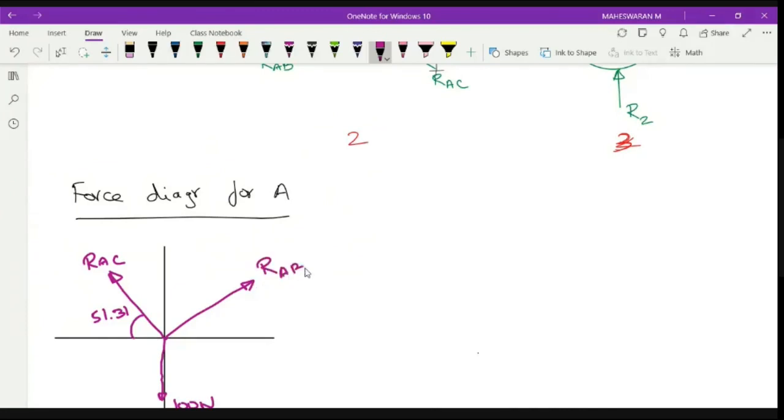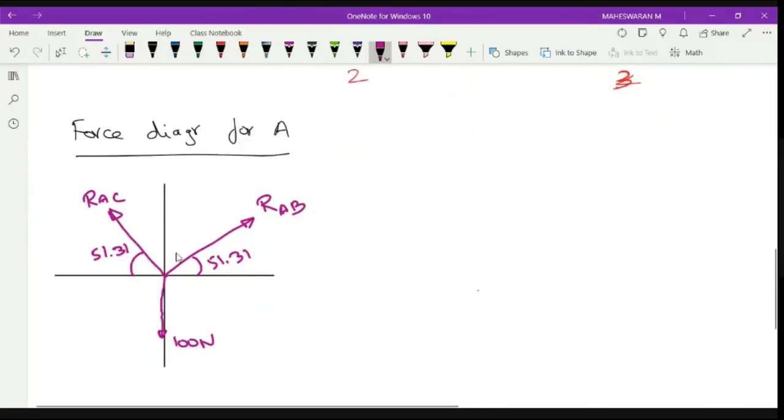With three forces, again I can apply Lami's theorem to solve this.